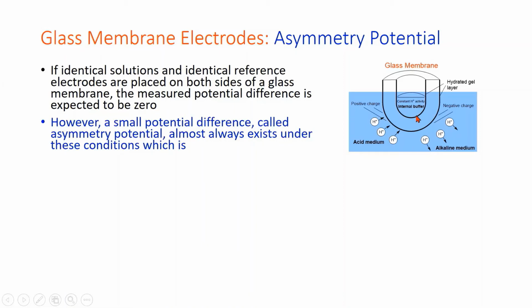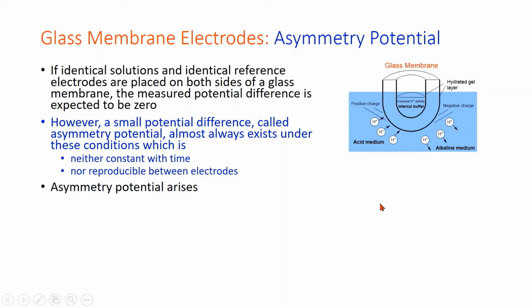However, a small potential difference, which we call asymmetry potential, almost always exists under these conditions, which is neither constant with time nor reproducible between electrodes.